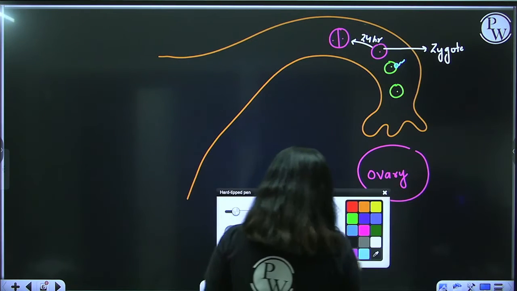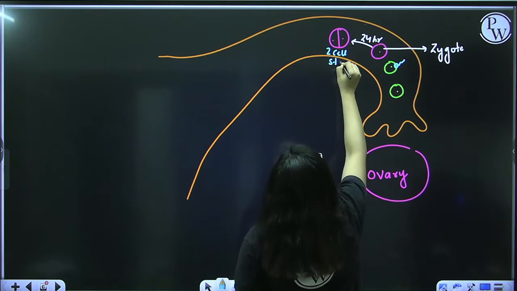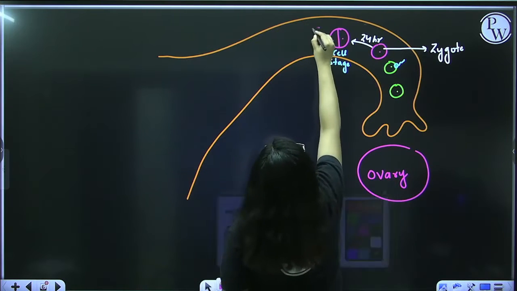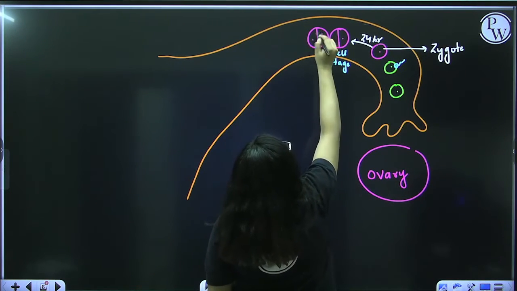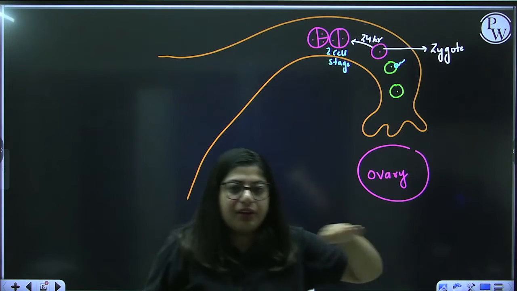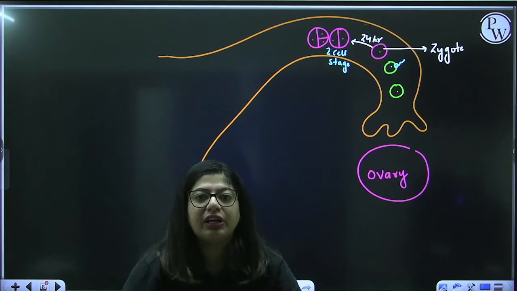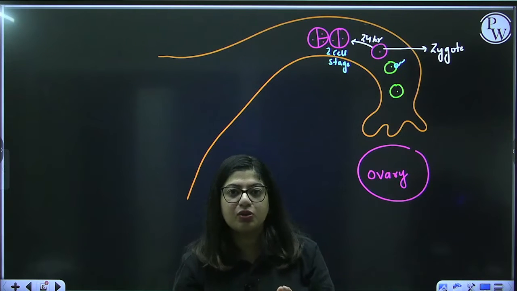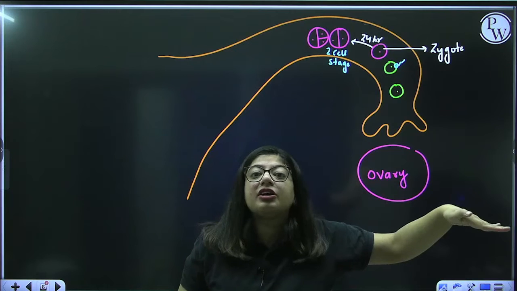After the 2 cell stage, a 3 cell stage will be formed, and the second division will be equatorial. This cell remains the same, this one is dividing, so a horizontal, transverse division occurs. If it cleaves like this, it is vertical; if it cleaves like this, it is equatorial.